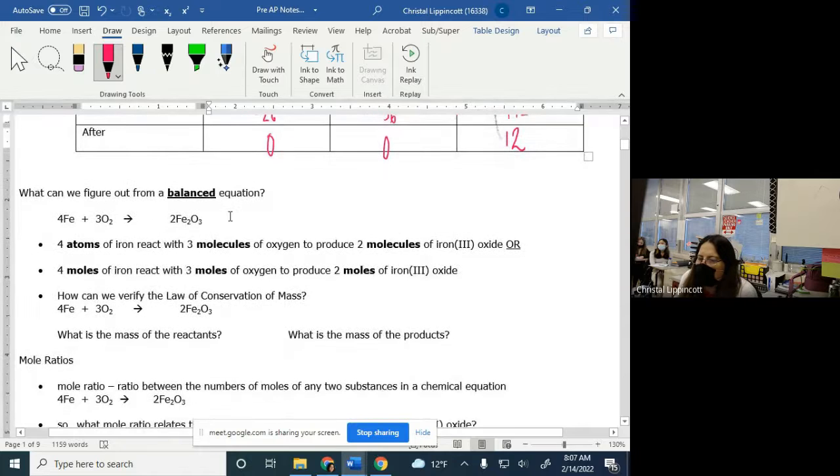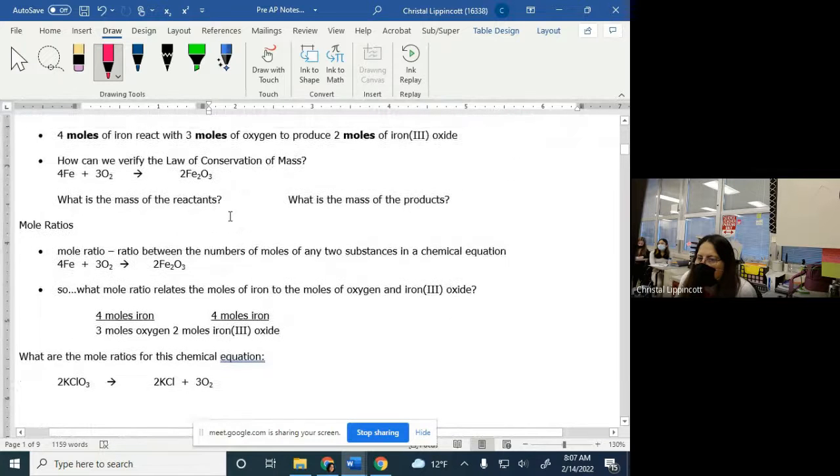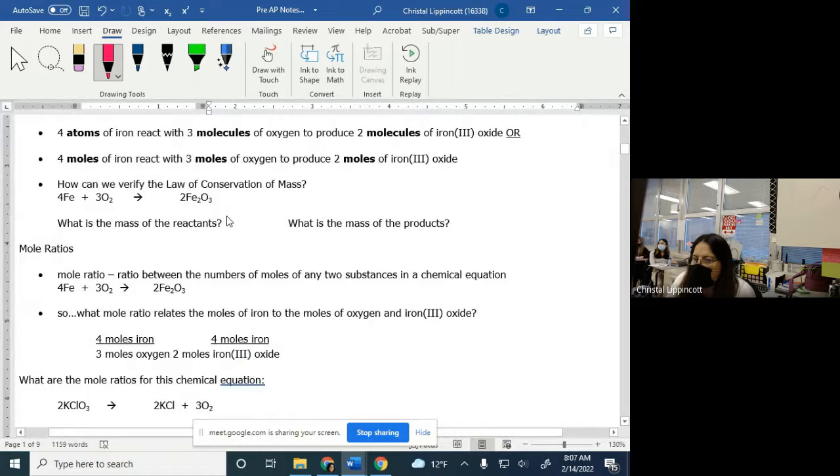When we are looking at this, we have to start out with a balanced equation, so the mass of the reactants has to equal the mass of the products. If we look at this, we can figure out the molar mass of each of these. For iron, it's 55.8 times 4, so that's 223.2.